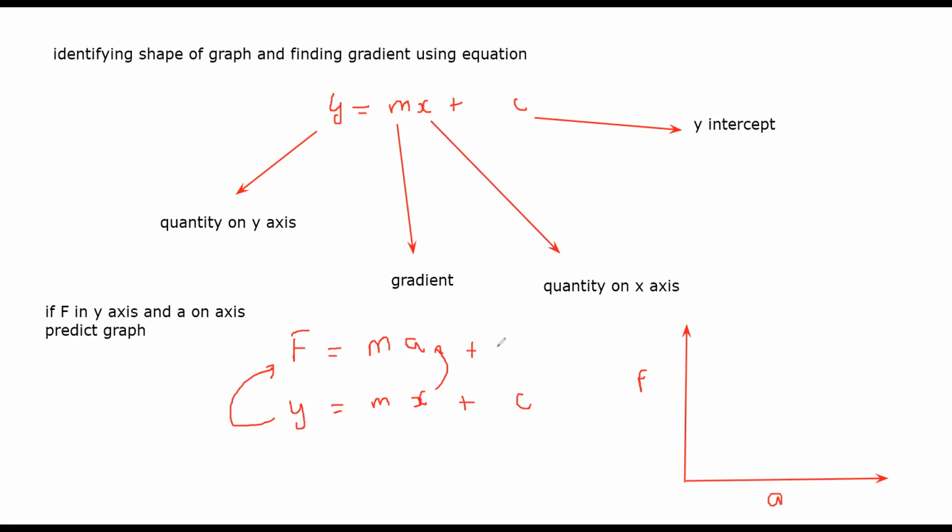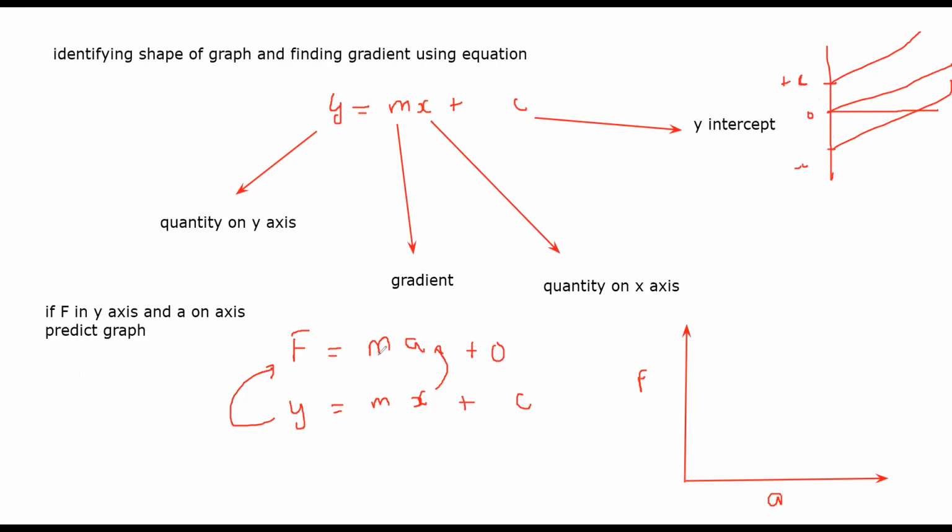What is the y-intercept? If you have a graph, the point where it touches the y-axis is called the y-intercept, that's c. It can be a positive y-intercept, a negative y-intercept, or zero.